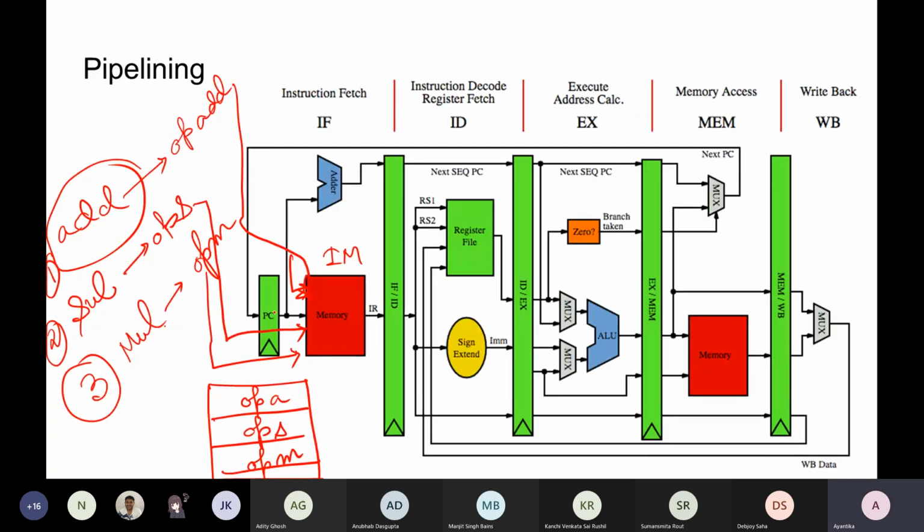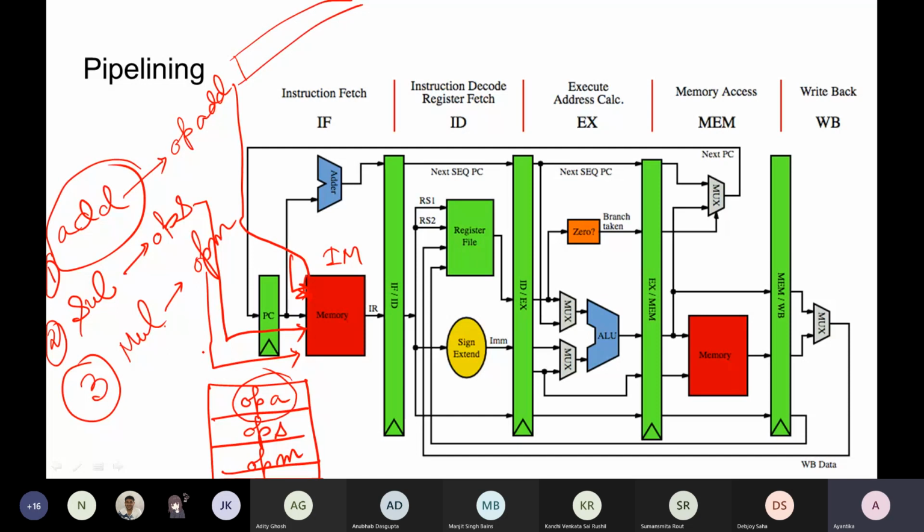So this PC is a register. Register means it is holding which instruction I am going to execute. First, I have written add. So this PC is actually holding the address where this first instruction, add, is residing.